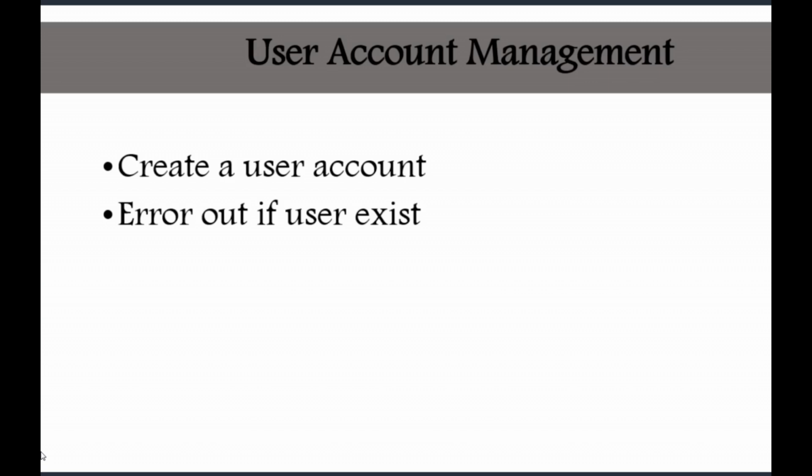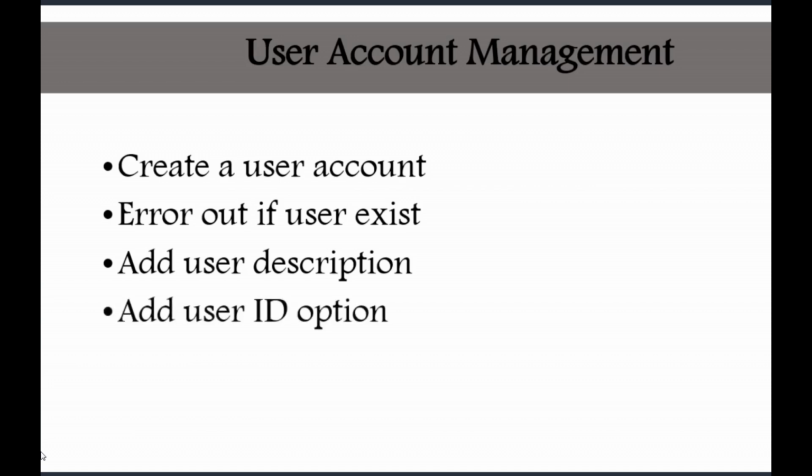Let's say you are creating an account for Jerry, and if a Jerry account already exists, it will error out and tell you this account already exists. The third script adds a user description. Now, you could use the useradd -c option to provide that description, but most of the time people forget to use that -c option, so we could add that to the script as well.